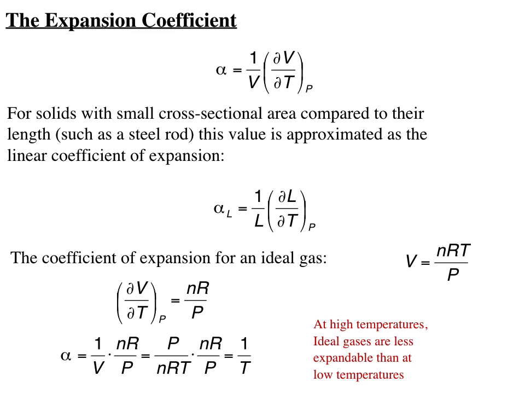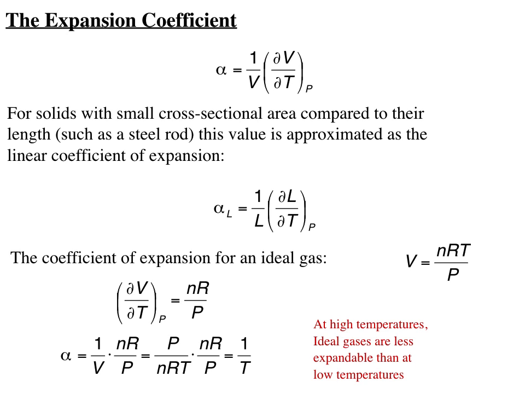So what is that saying? If you have a gas at very high temperature, it's not going to expand very much as temperature changes because it's already occupying a big volume. 1 over T is a little number. If you have a gas at a low temperature, then 1 over T is a relatively big number.